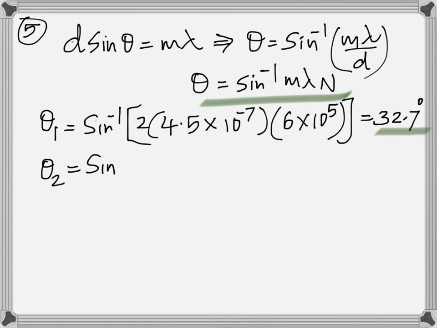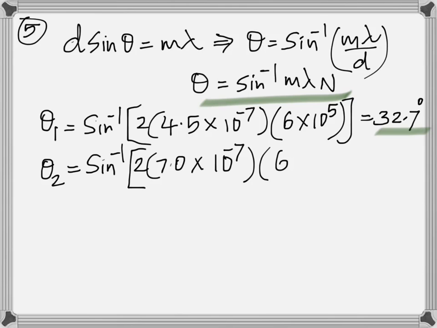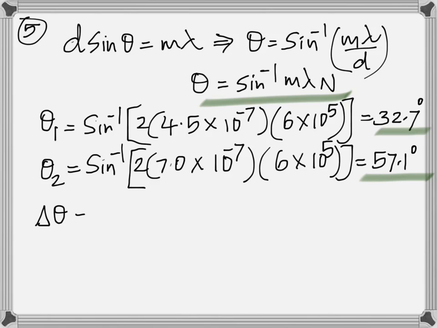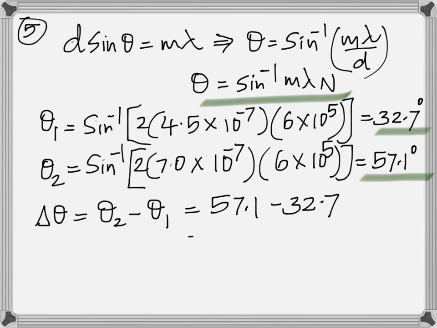So you get theta 1, and that is for blue light, and then you find the same for red. And now take the difference, and you get the angular spread, 24 degrees.